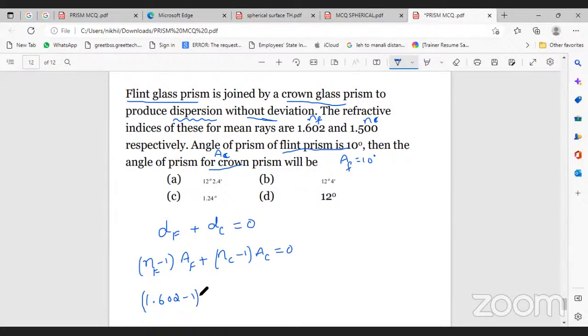What is the angle of the flint glass? 10 degrees. Crown glass refractive index is 1.500 minus 1. What is the angle of the crown glass prism? You have to find. Can you simplify this for me?